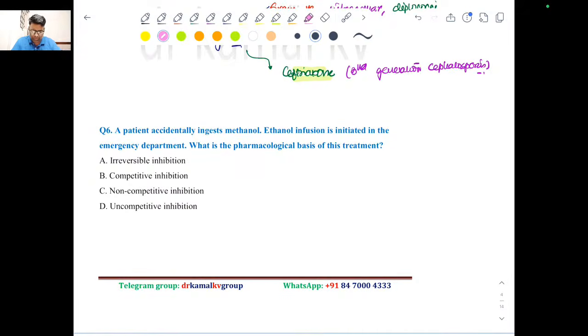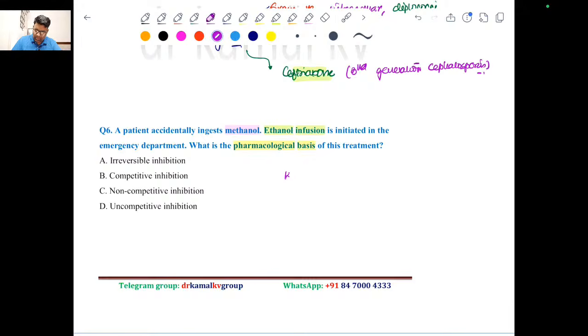Then moving forward to the next question: a patient accidentally ingests methanol, and I think everyone must be knowing that for methanol we can give ethanol as an antidote. So ethanol infusion is initiated in the emergency department. Now what is the pharmacological basis of this treatment, right?